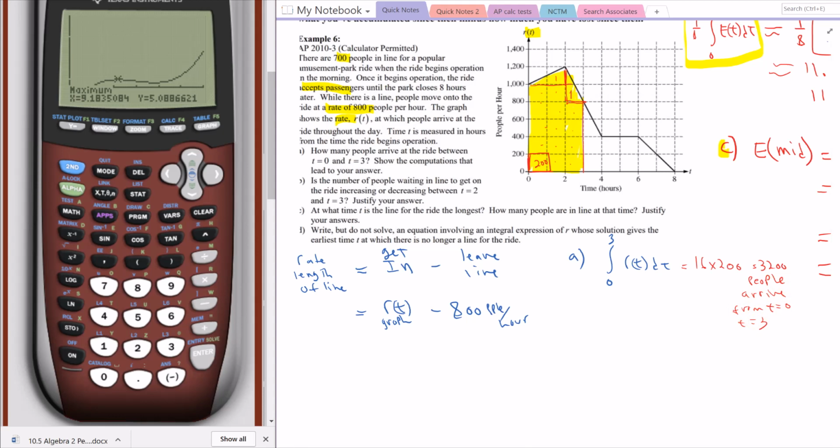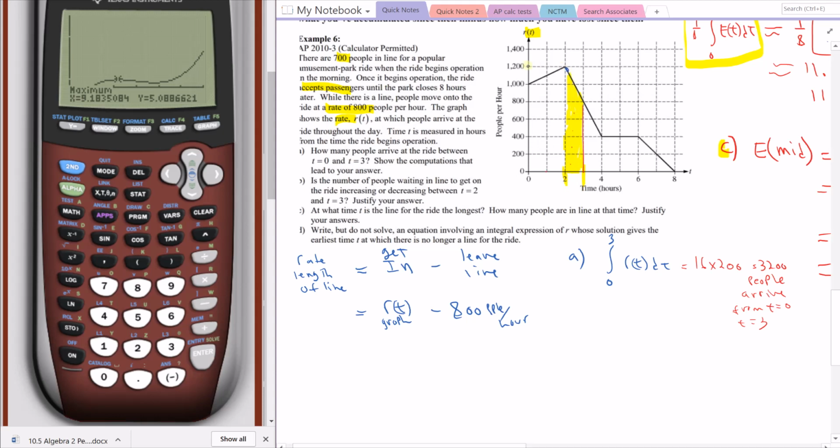Next one is, is the number of people waiting in line to go on the ride increasing or decreasing between t equals 2 and t equals 3? So now we're looking at, is our line getting longer or shorter, between t equals 2 and t equals 3. Look at our rate in.